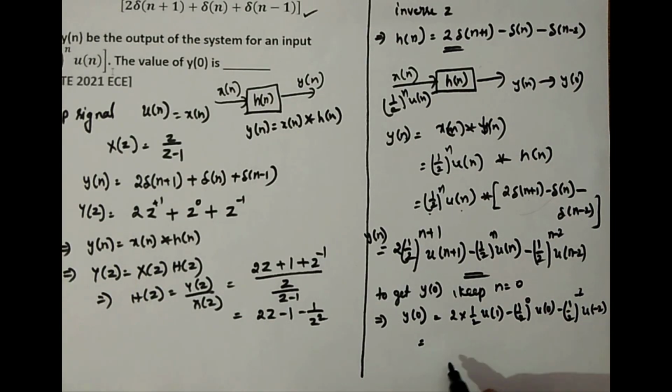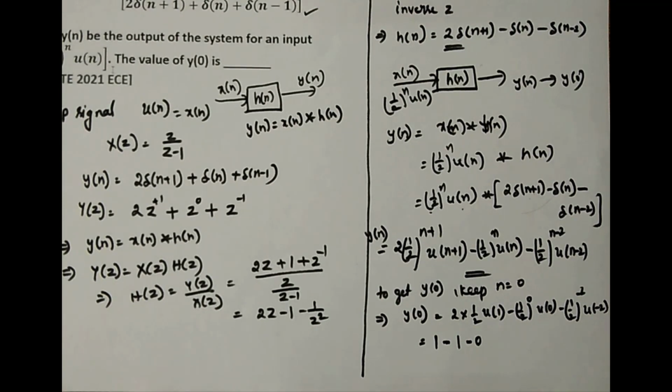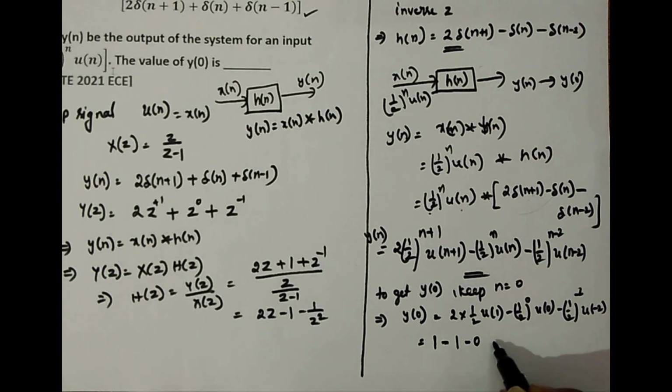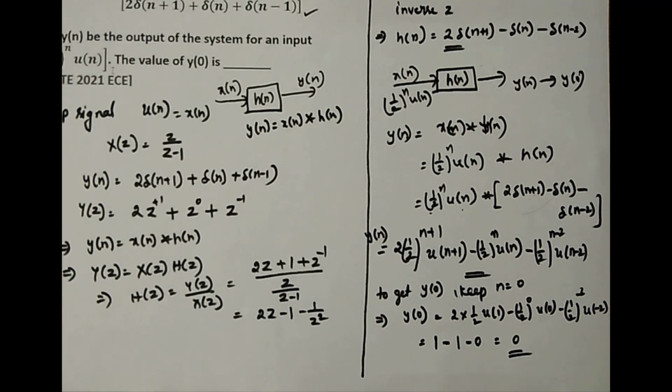So this is 1 minus half power 0, which is 1, u of 0 is 1, minus u of minus 2 is 0 because the unit step doesn't exist for negative values. So totally it is 0. The answer is 0.